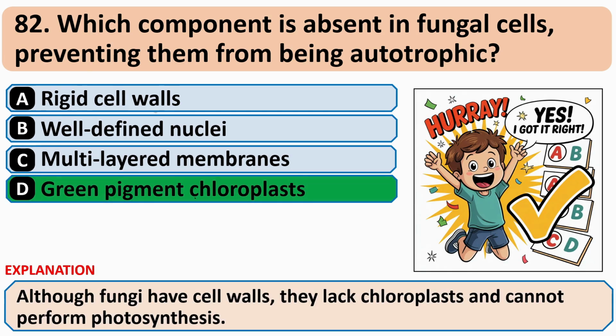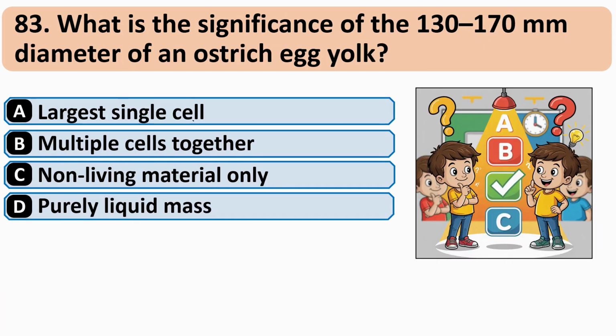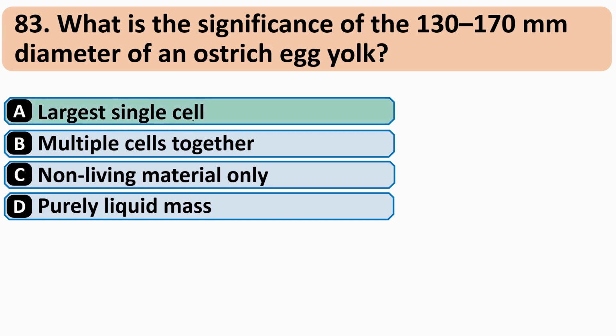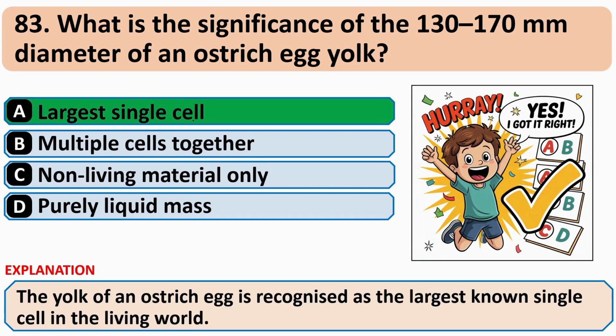And correct answer is D, green pigment chloroplast. What is the significance of the 130-170 mm diameter of an ostrich egg yolk? And correct answer is A, largest single cell.